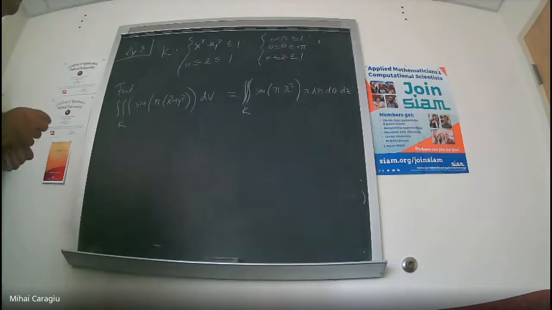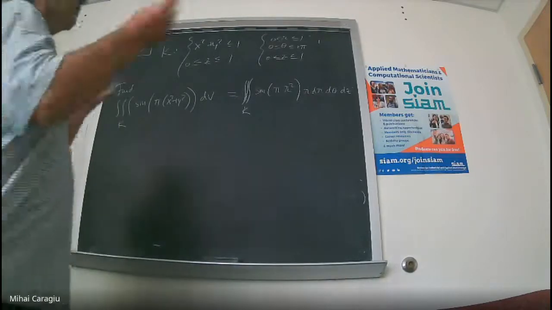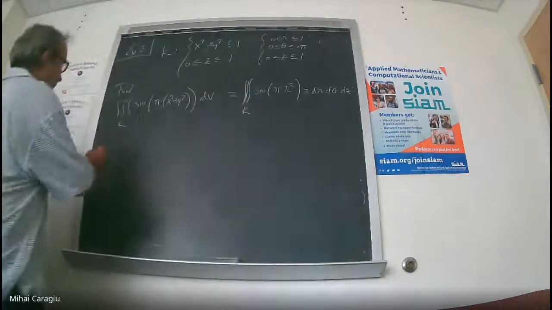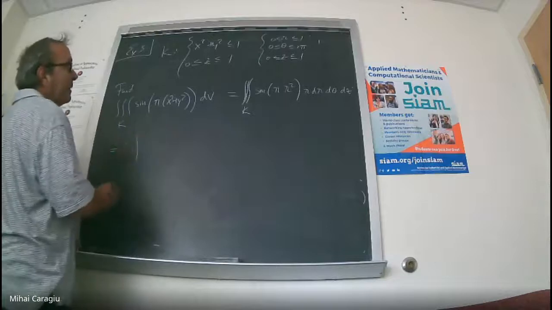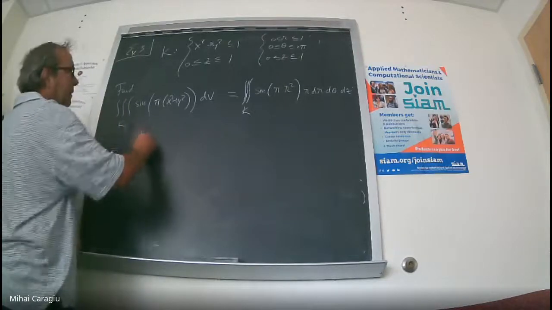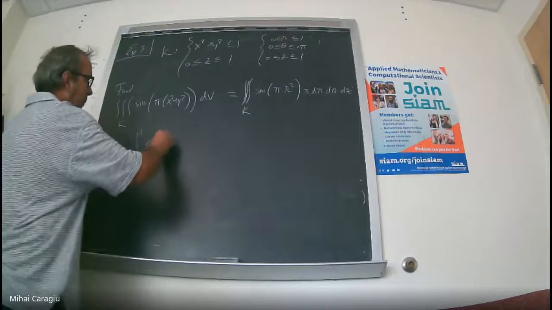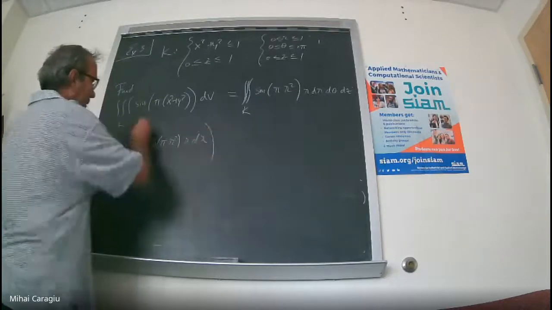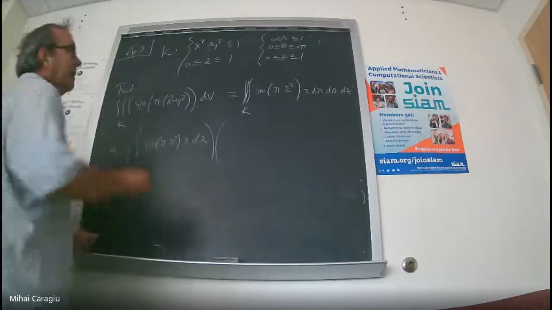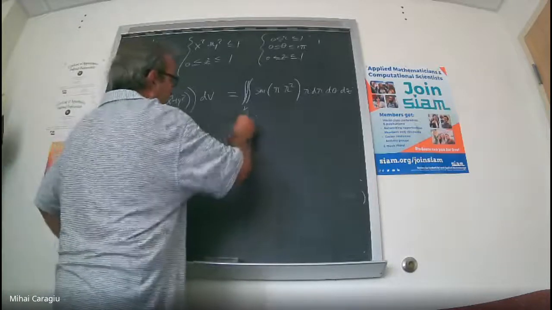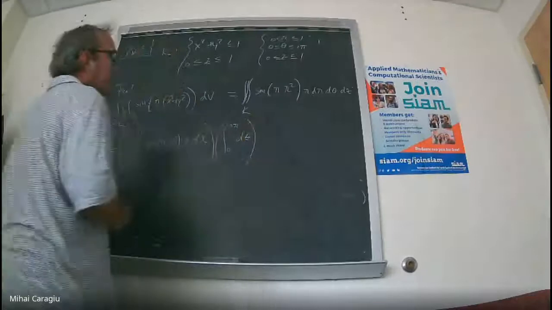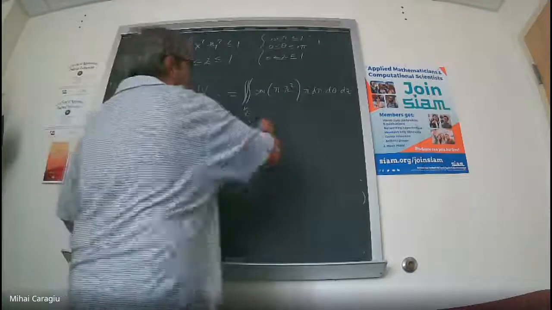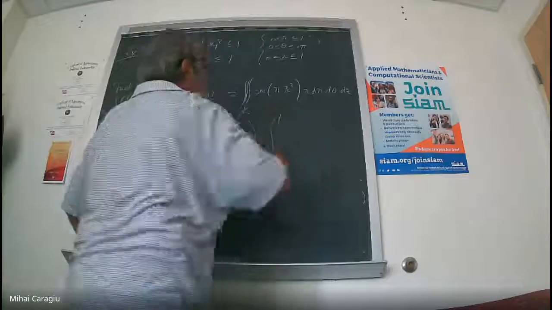Because in cylindrical coordinates it is a box, we can separate the rectangles. The r integral from 0 to 1 of sine of pi r squared times r dr, the theta integral from 0 to 2 pi d theta, and lastly the z integral from 0 to 1 dz.